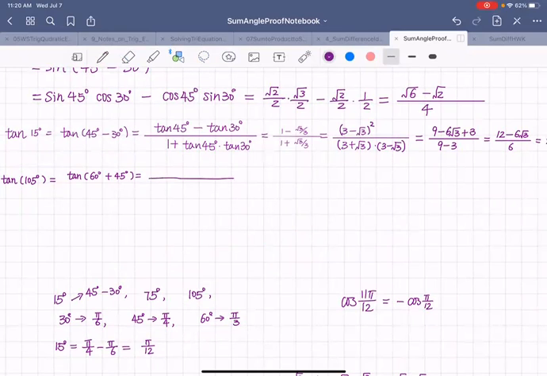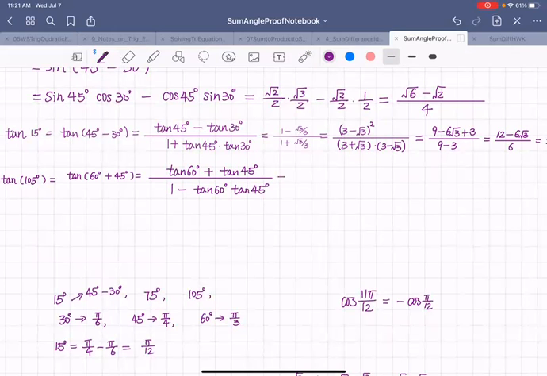So tangent 60 plus tangent 45, and the denominator is 1 minus tangent 60 times tangent 45. Oh, am I looking at the formula wrong? The numerator is plus, the denominator is minus. Okay.